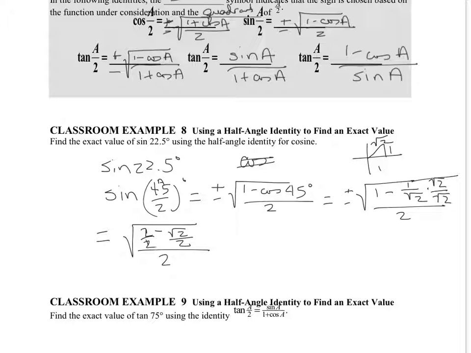So if I write that as 2 over 2, I now have the square root of 2 minus the square root of 2 over 2, and I'm dividing that by 2, which is the same as multiplying by 1/2, isn't it? Okay. You with me so far? All I did is get rid of the complex fraction part by taking the numerator, and since it's divided by 2 over 1, that's the same as multiplying it times 1 over 2.